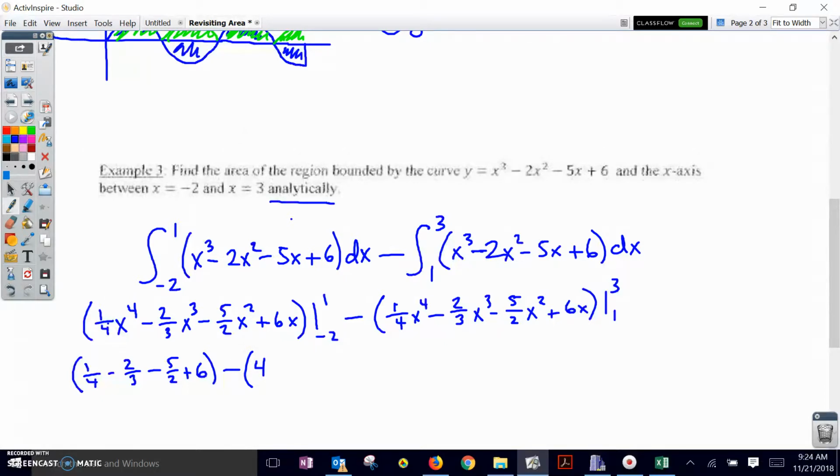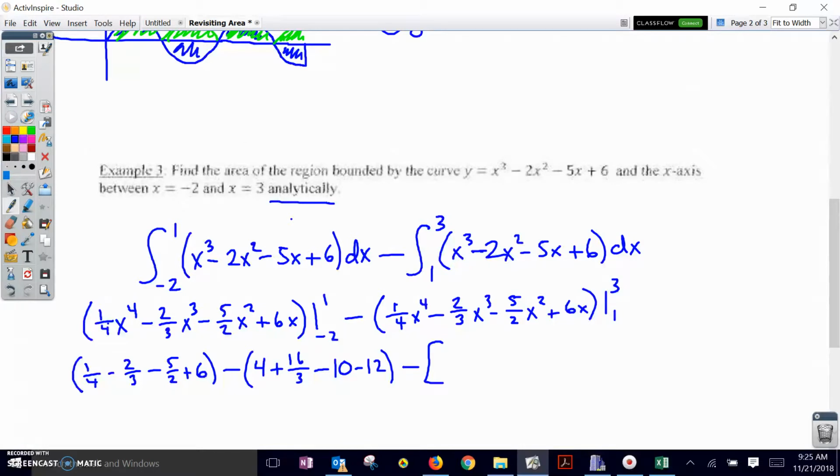Minus 2/3 times negative 8, so that's plus 16/3. Minus 5/2 times 4, so that's going to be minus 10. And minus 12.